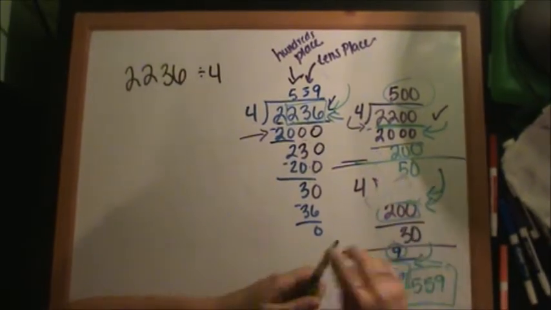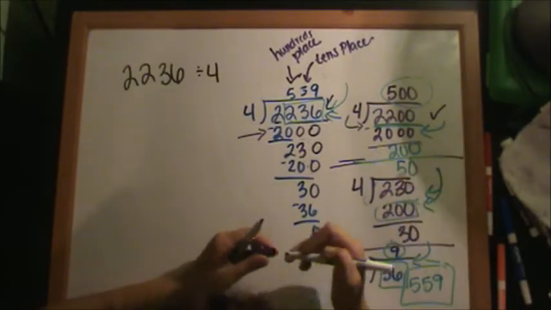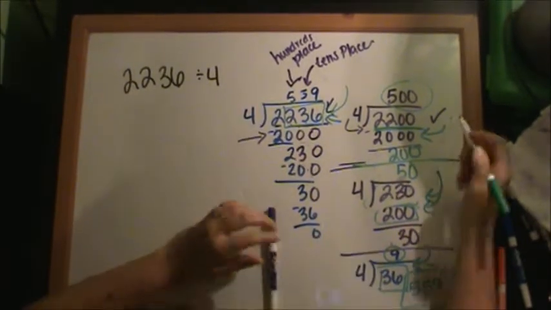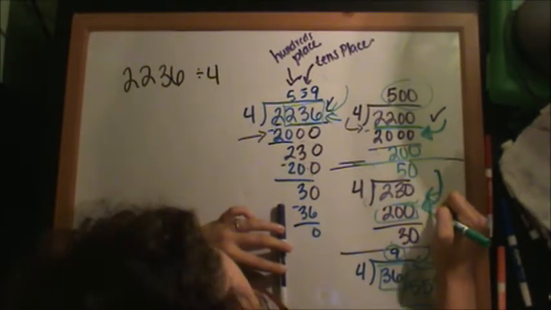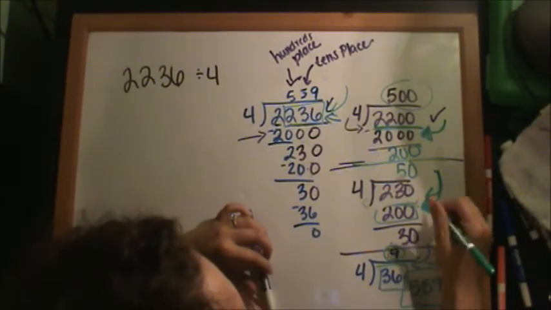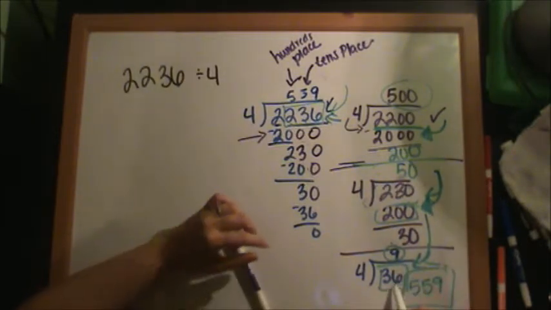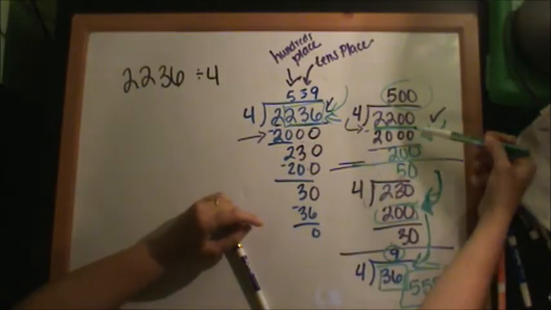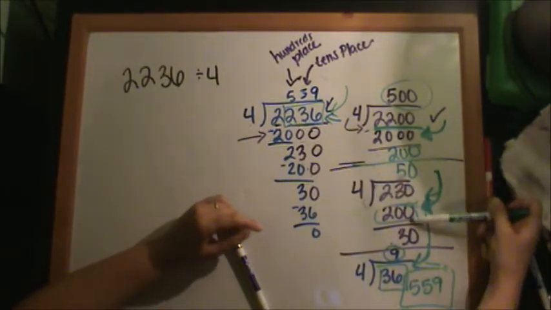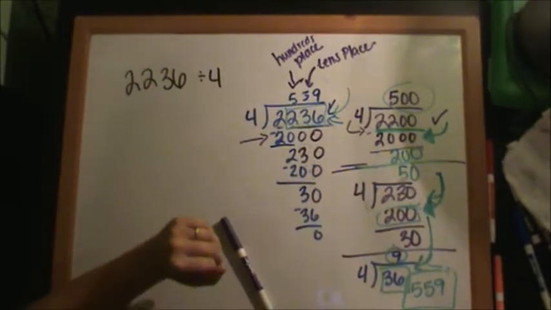Maybe I should keep these in the same color, huh? It's the 200 here. So we subtracted 2,000 here. We subtracted 200 here. And then we subtracted, well, it went into it perfectly, 36 here. So we didn't have to subtract it. So this is where we get our 2,236. It's right there. And that's why the standard algorithm works.